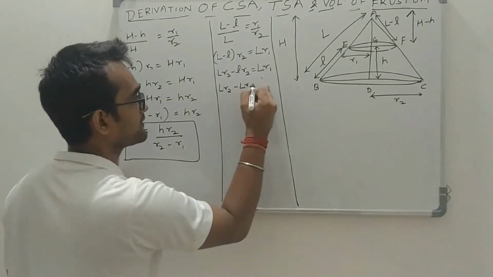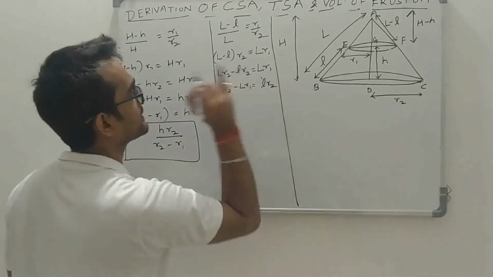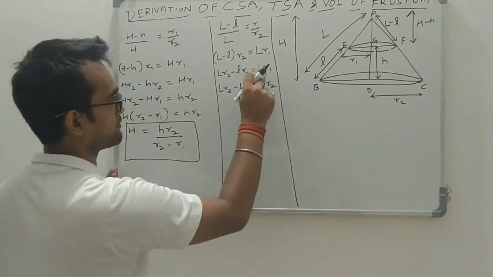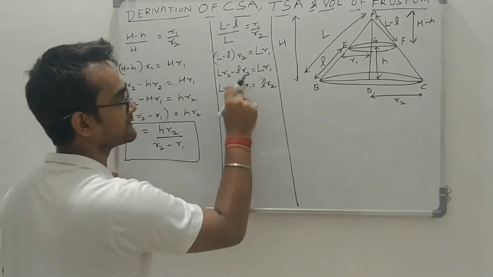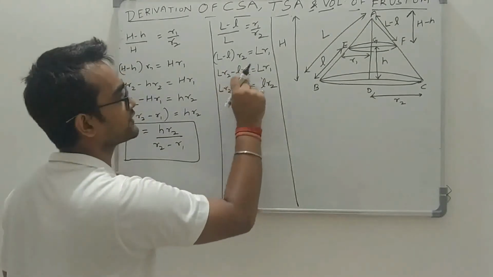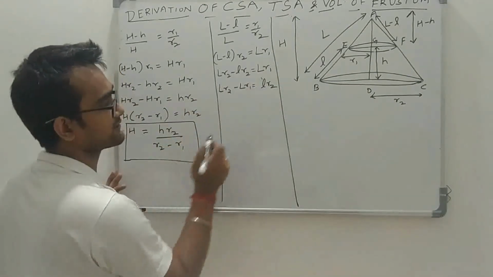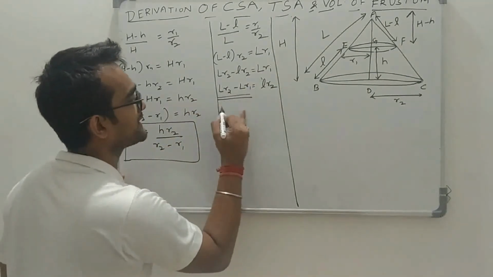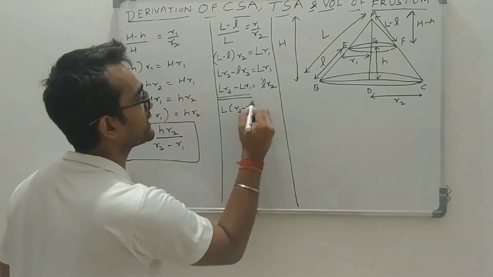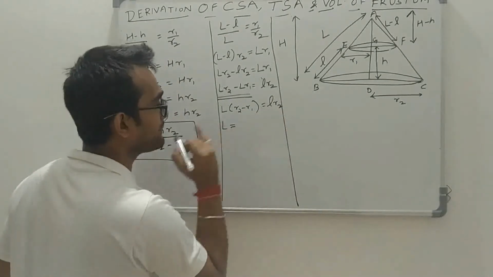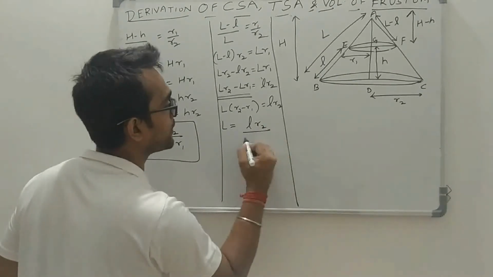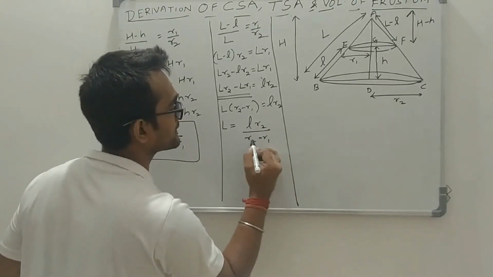LR2 minus LR1 will be equal to lR2. This was positive here; by shifting to the left hand side, it will become negative. This was negative here; by shifting to the right hand side, this will become positive. From these two, I will take capital L common, that is L into R2 minus R1 is equal to lR2. So the value of capital L will be lR2 upon R2 minus R1.